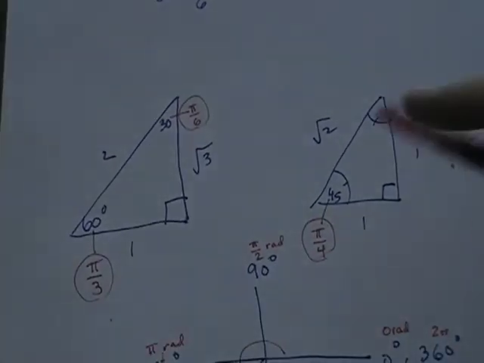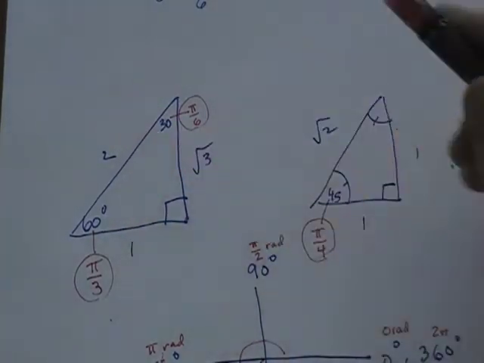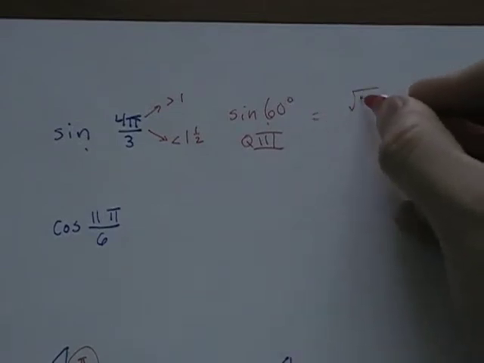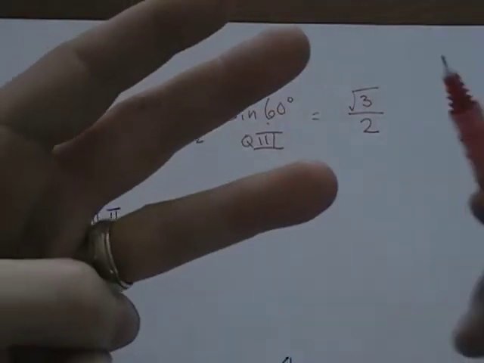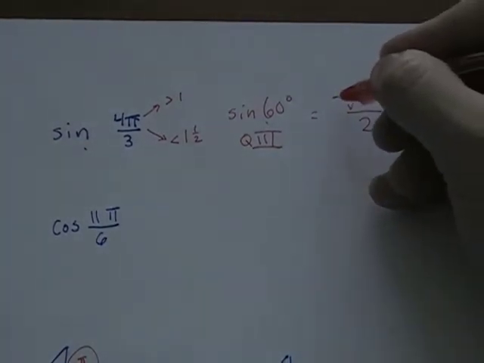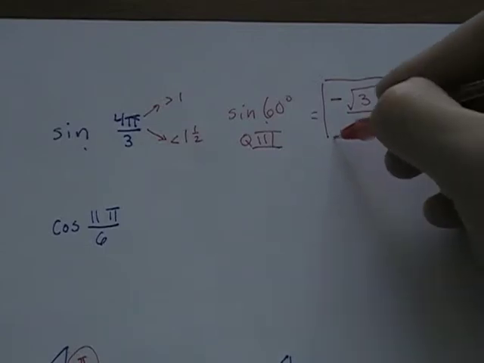Well, what's the sine of 60? 60 is opposite over hypotenuse. So that's root 3 over 2. And in quadrant 3, all students take tangent, so tangent is positive in quadrant 3, which means sine and cosine are negative. Go figure. Isn't that cool?